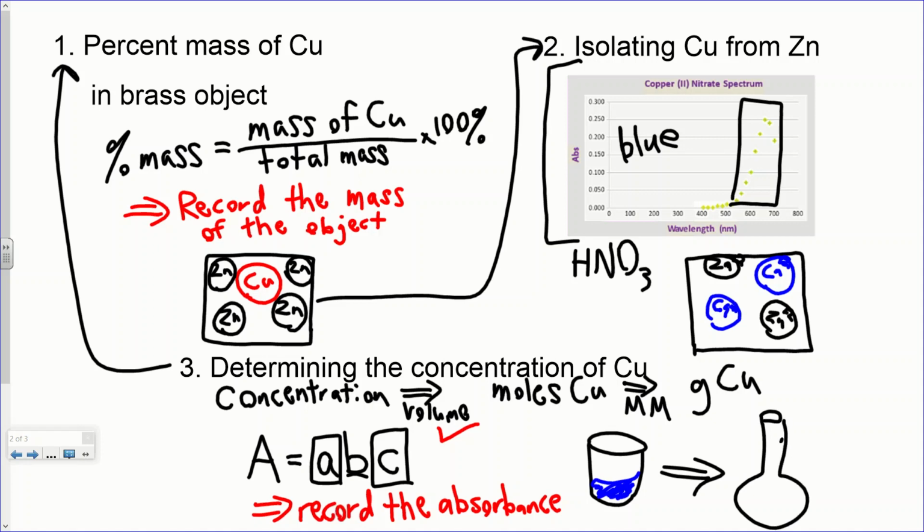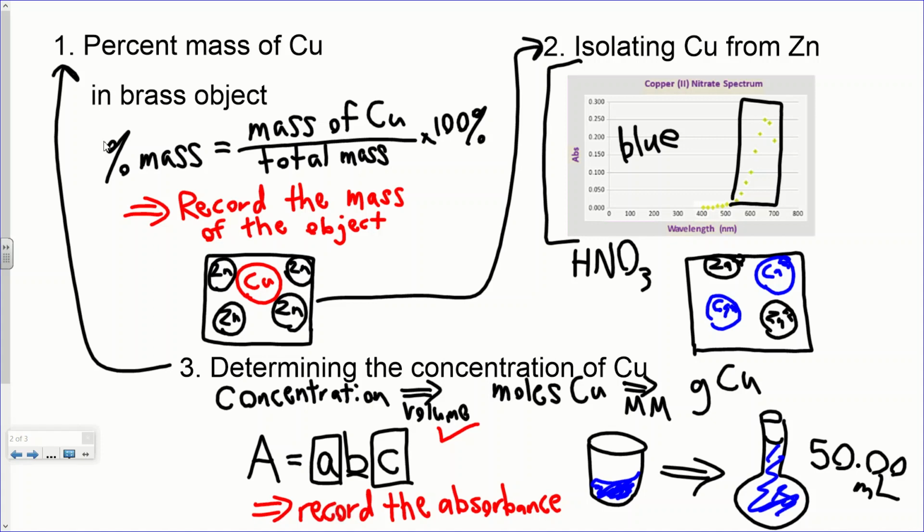So that way you just know that the solution you measure the absorbance of is 50 milliliters. And when you use the volumetric flask, you know that to 4 sig figs. So the volume is just going to be 50.00 milliliters, provided you do that all correctly. So we have our volume.